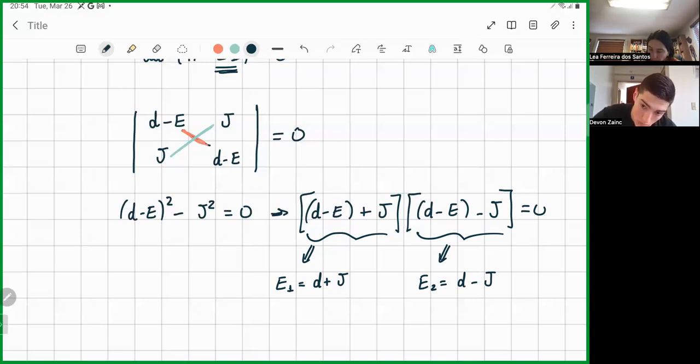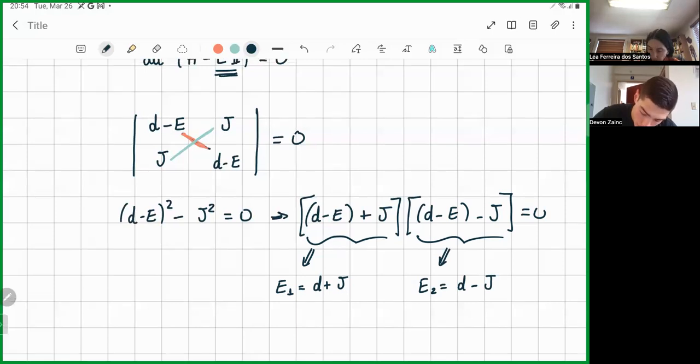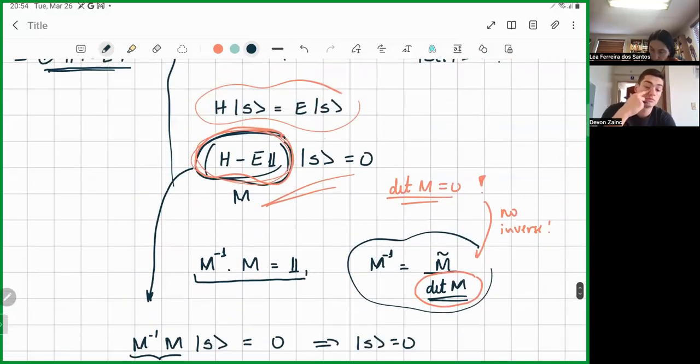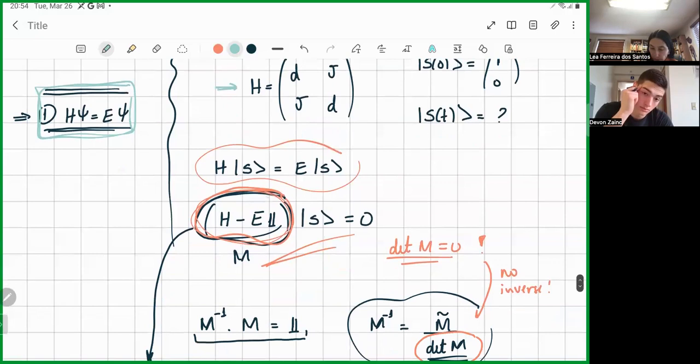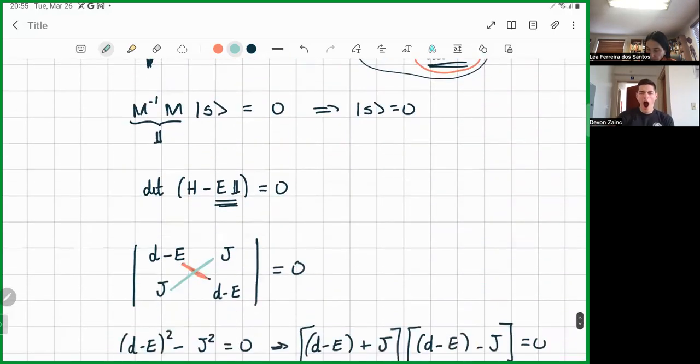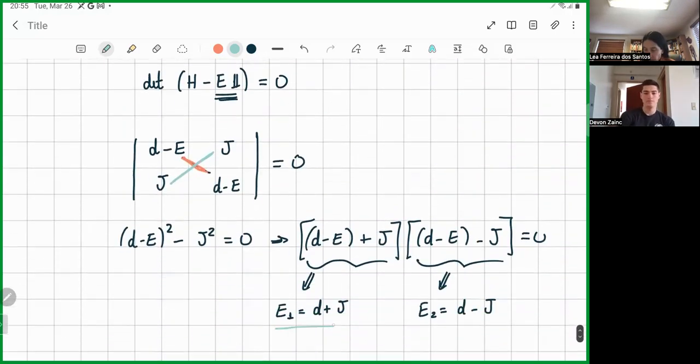Now, this is the first step. So let's come back. Remember what we are trying to do. We are trying to solve Schrödinger's equation. In this case of a matrix like that, discrete 2 by 2, what did I have to do? Find the determinant, or make sure the determinant of this whole thing is 0. By doing that, we found the eigenvalues.